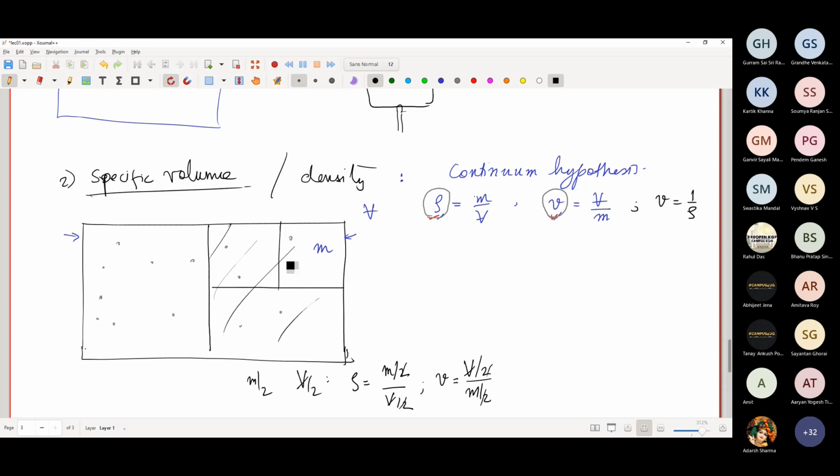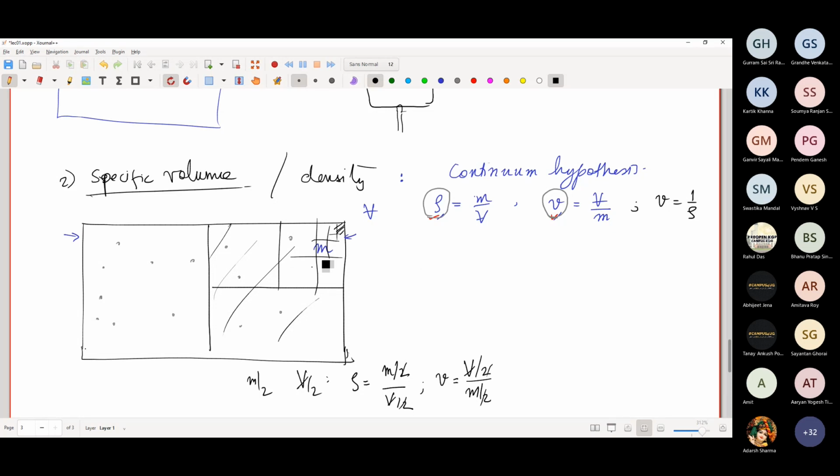If I make it half, how long can I keep halving this? I can keep halving this until I reach the length scale where the mean free path of the particular molecule becomes comparable to the dimension of the volume under consideration.